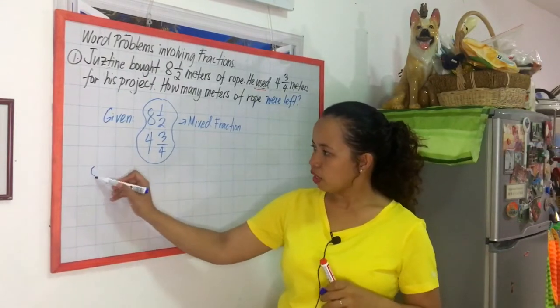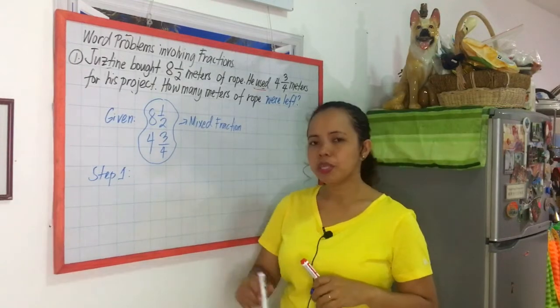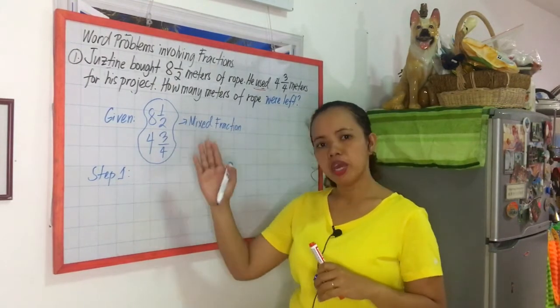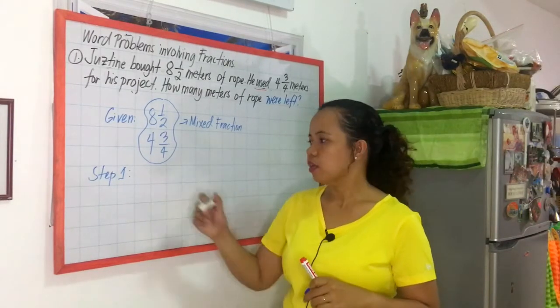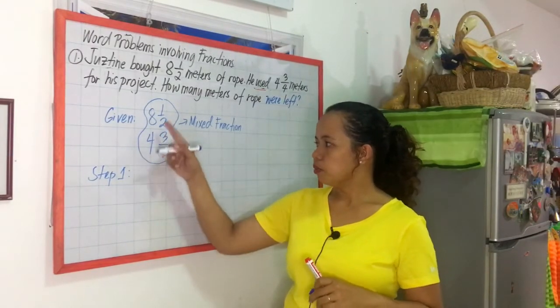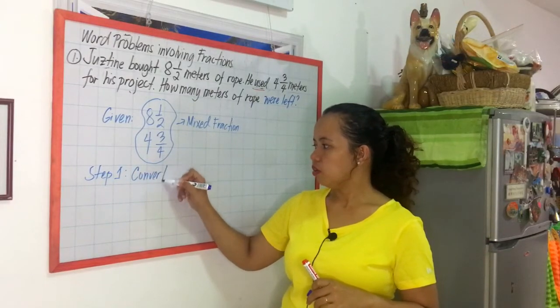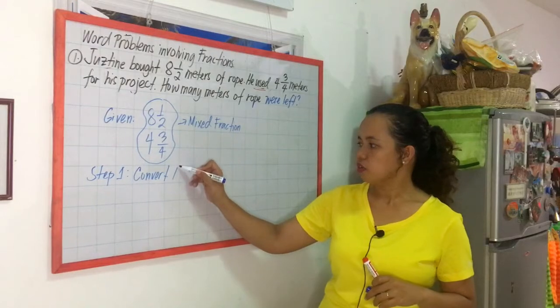So, step 1. Medyo mahabang process nito, pero kung nasanay ka na mag-solve, then mas madali na siyang gawin. Step 1, we need to convert mixed number to improper fraction.